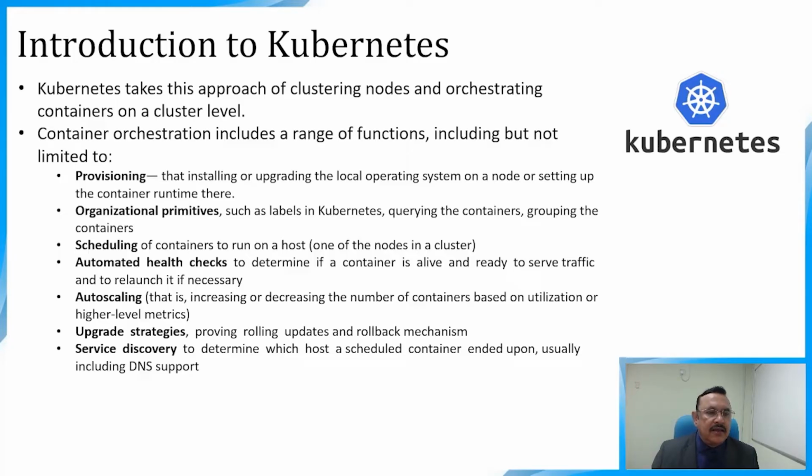Auto scaling is increasing or decreasing the number of containers based on utilization or a higher level metric. Upgrade strategies provide rolling updates and rollback mechanisms. Service discovery determines which host a scheduled container ended up on, usually including DNS support. Therefore, these are some of the aspects of container orchestration which Kubernetes is required to manage.